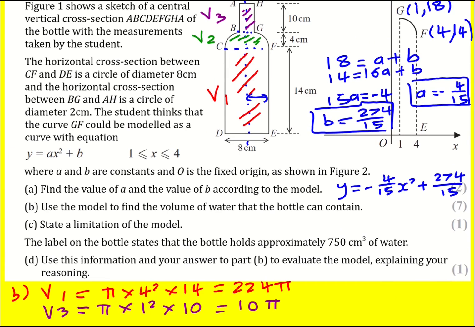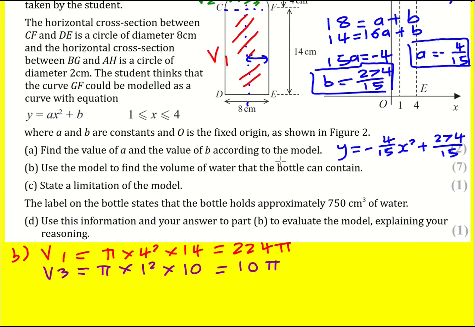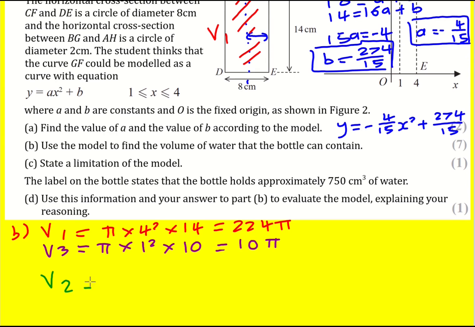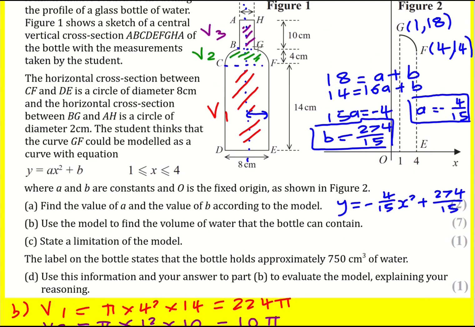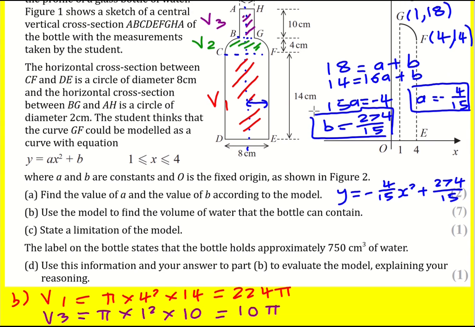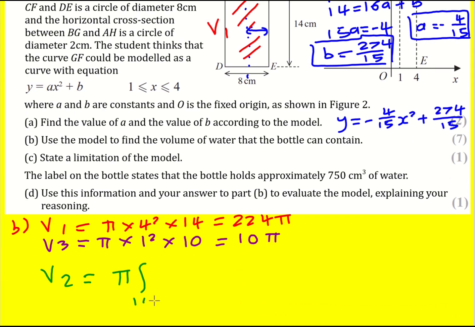That leaves us, like we said, with V2. For this, I'm going to need to do an integration. And I'm going to be integrating along the y-axis. So it will be actually from 14 to 18. And then what we are doing with this more complicated structure is creating a little rectangle.